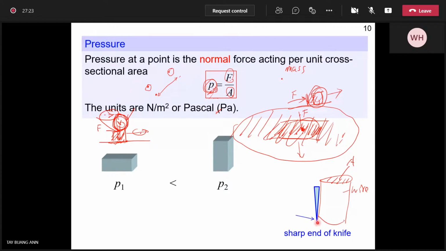The pressure will be very large, and such a large pressure will cut through the surface of a very strong layer of things. However, if you have a blunt one, the effect of the force is too small. Okay, so this is another idea. Pressure, you need to think about the area. We average the force over the area.